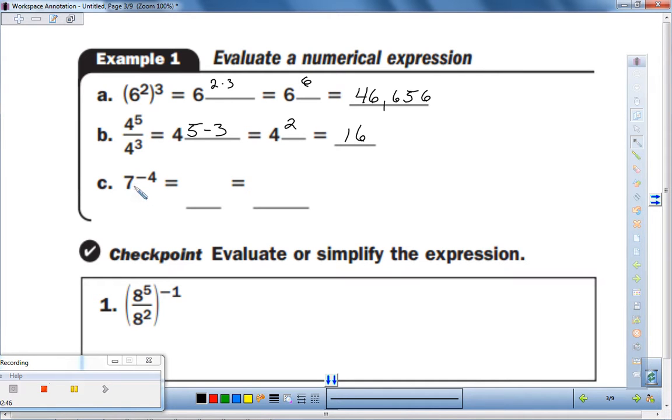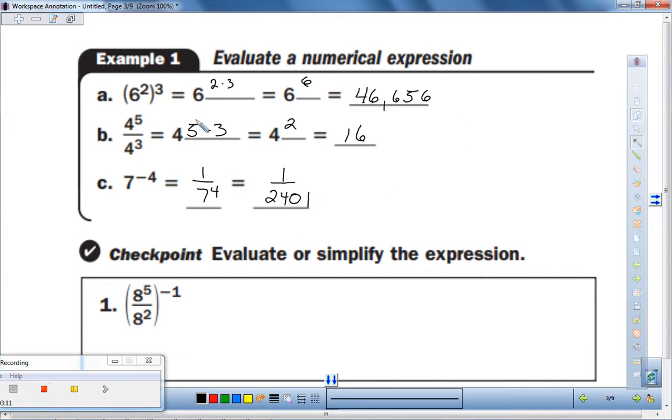And then here we have a negative exponent. So it's our negative exponent property. So what we'll do is put 1 over 7 to the 4th to get rid of the negative exponent. And then we just do 7 to the 4th power. So we end up with 1 over 2,401.